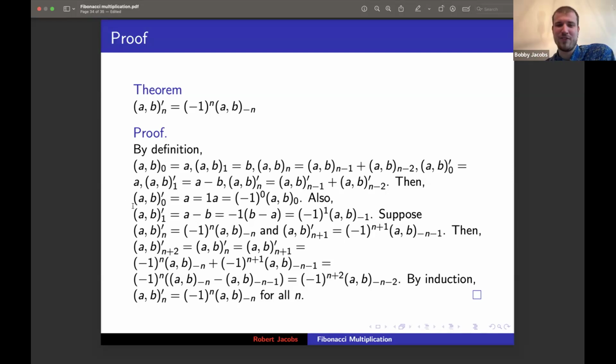So basically, they both start out with A. So AB of 0 is the same as AB prime of 0, and -1 to 0 is 1. So that's the same. And we can do an inductive step, and it turns out that for all n, AB prime of n is -1 to the n times AB of -n.